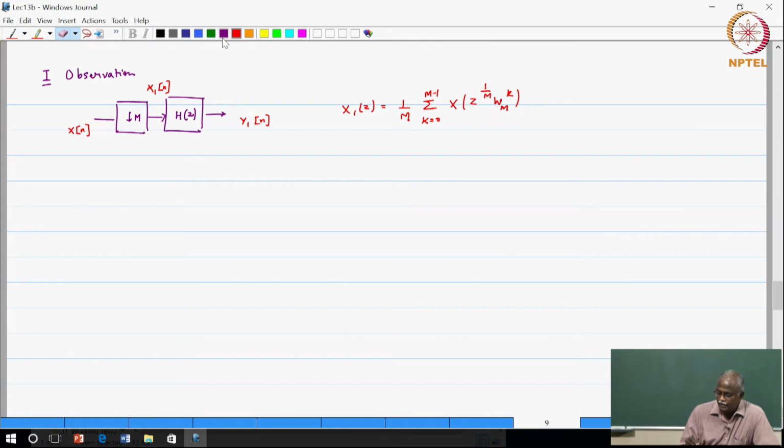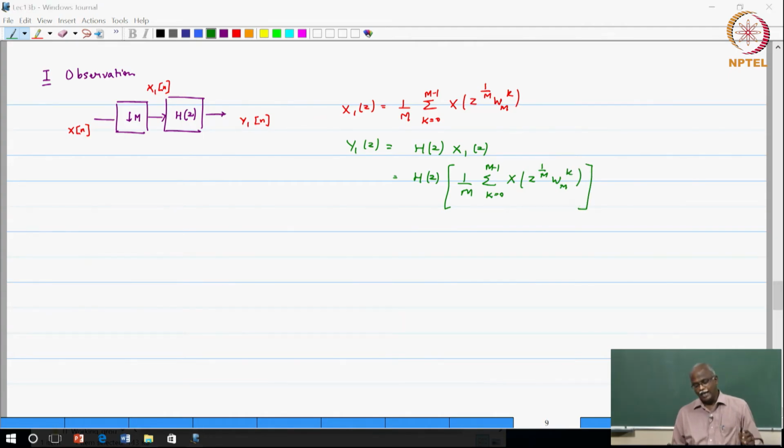And so we can write down the output expression, y1 of z is equal to h of z times x1 of z. This can be written as h of z and within the bracket 1 over m summation k equal to 0 to m minus 1 x of z power 1 over m w m k.